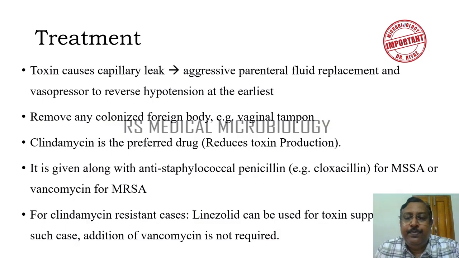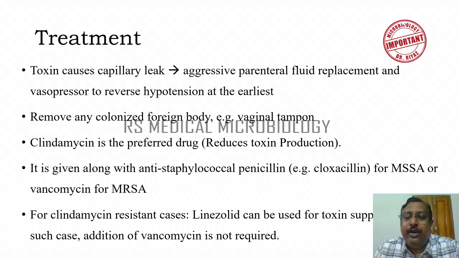So the treatment is basically you have to make sure that there is aggressive fluid replacement because the toxin causes a capillary leak, and you have to give vasopressors to keep the BP properly maintained. So the patient has to be recovered back from the hypotension. Remove any kind of foreign body or any source of infection.